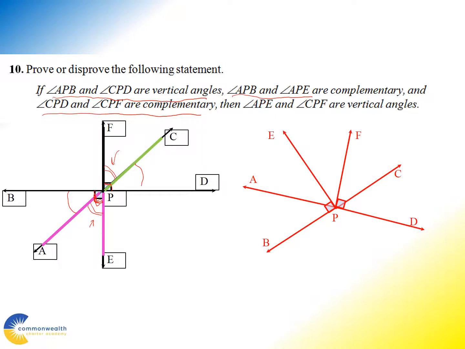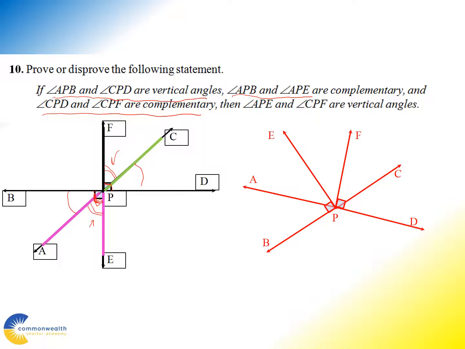if I draw it this way, see here, I assumed when I set this up that APB and APE being complementary means I'm kind of splitting the angles.